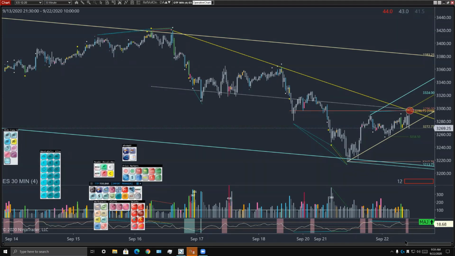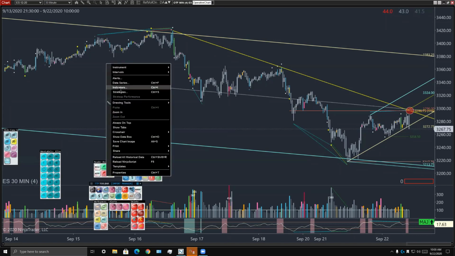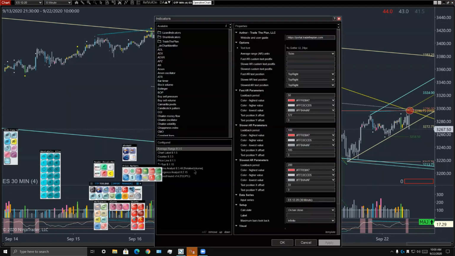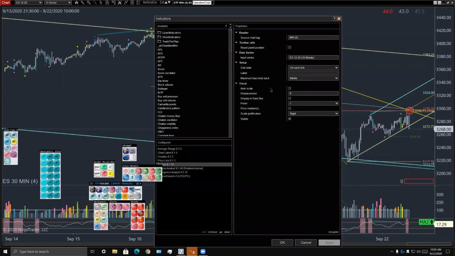Nonetheless, it doesn't matter what your row bars or tick chart values are because the readers are not tied to that anymore. The readers are simply tied to the name of the chart, this name here, which name is set, tag, let's call it, right there.